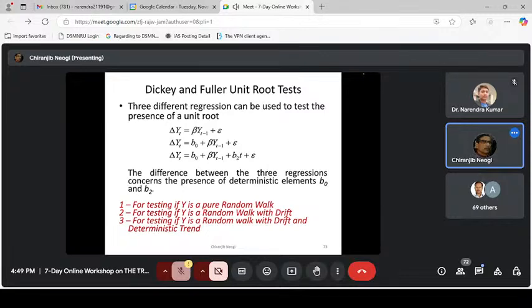This is the Dickey-Fuller test, named after the two people, Dickey and Fuller.